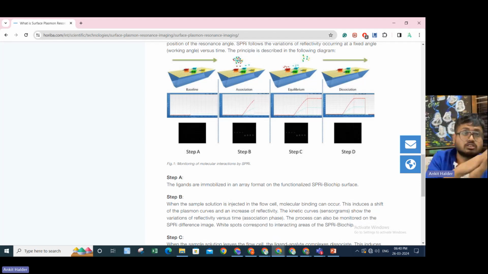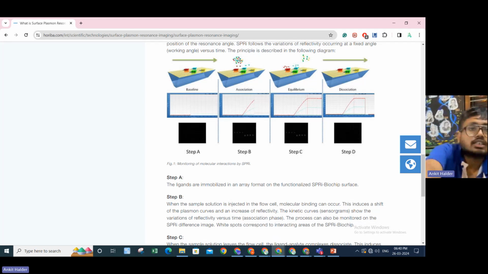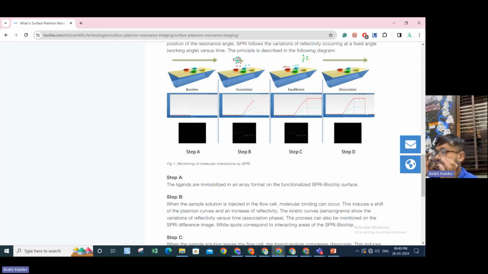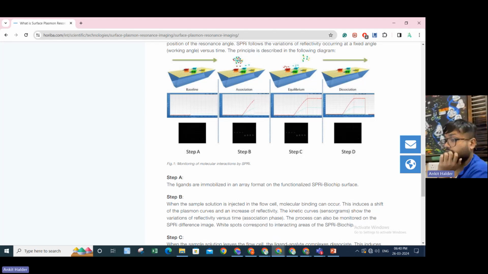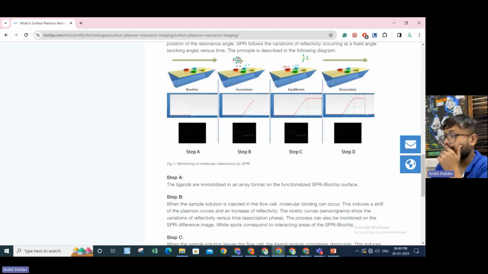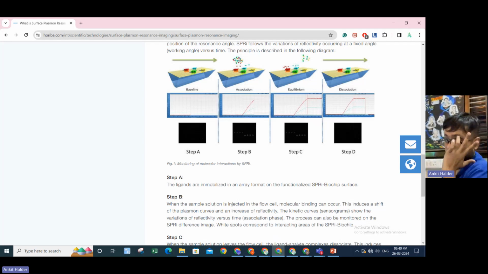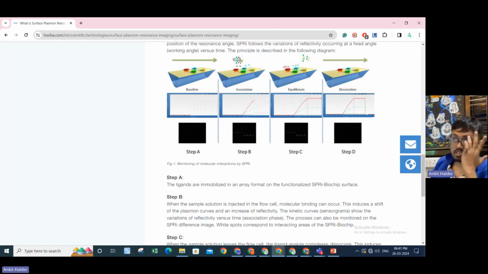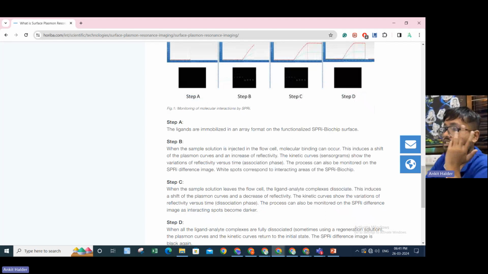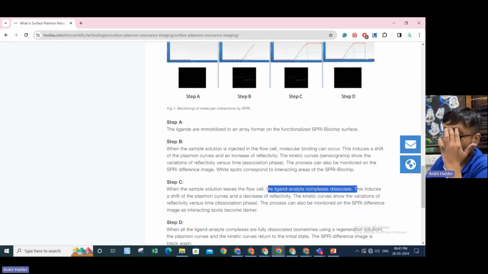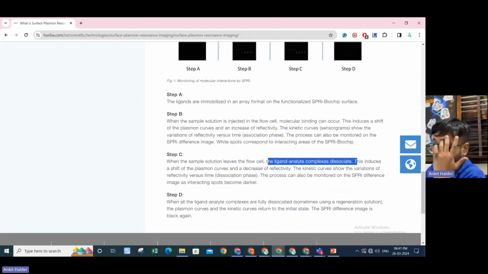Of whatever video we just saw, it is exactly the same procedure as mentioned here. Molecular binding can occur, causing a shift in the plasmon curves and then an increase in the reflectivity. The kinetic curve shows the variation of reflectivity versus time in the association phase. It can also be monitored on the SPRI difference image. When the sample solution leaves the flow cell, the ligand-analyte complexes dissociate.